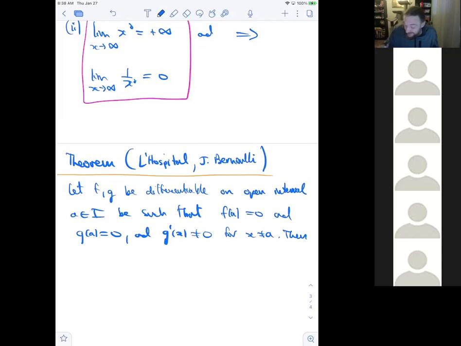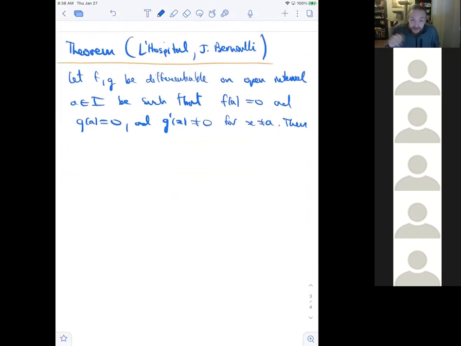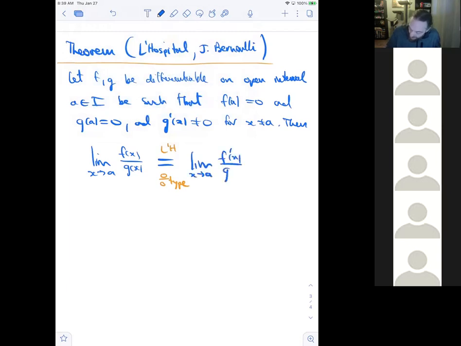Then what this says is, if we have 0 over 0 type, a limit as x approaches a of f of x over g of x, that ratio in limit is exactly the same as the ratio of their derivatives. So the limit as x approaches a of the ratio of the functions, if you have 0 over 0 type, by L'Hopital's rule, will be equal to the limit as x approaches a of f prime of x over g prime of x.